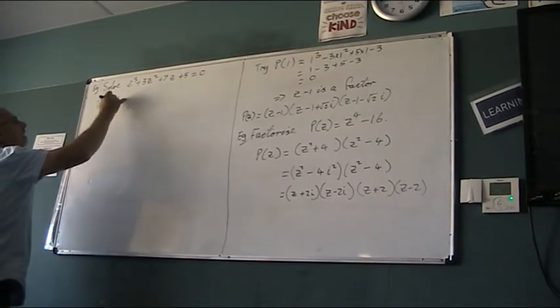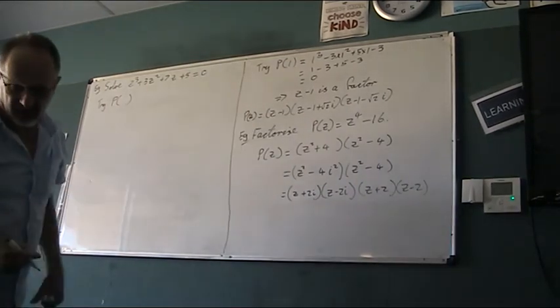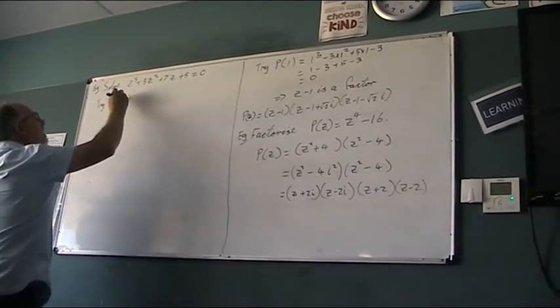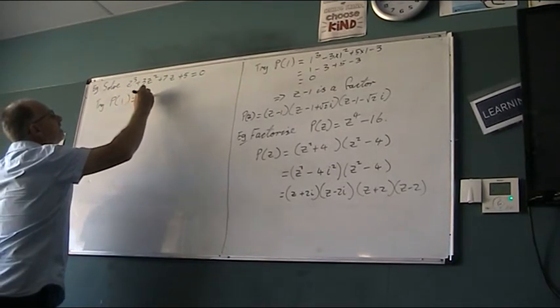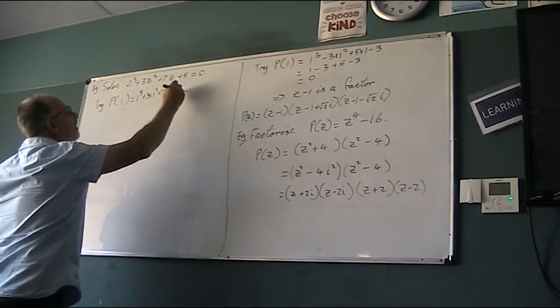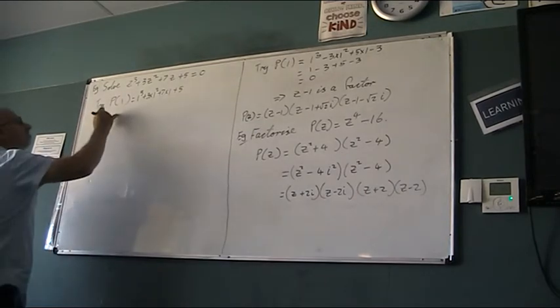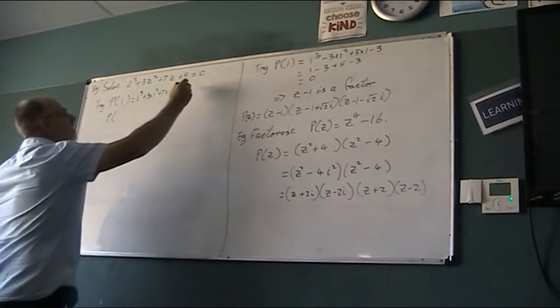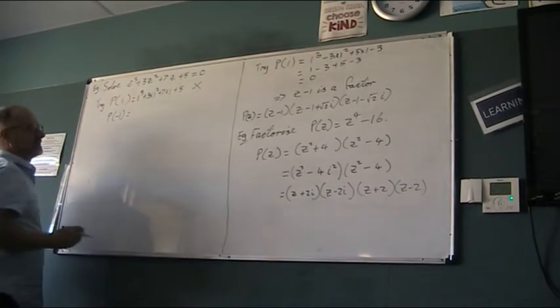So what are we going to try? P of, start with the easy one, 1. 1 cubed plus 3 times 1 squared plus 7 times 1 plus 5. And I already can see from that, no good. Let's try negative 1 there and see if that makes any difference.